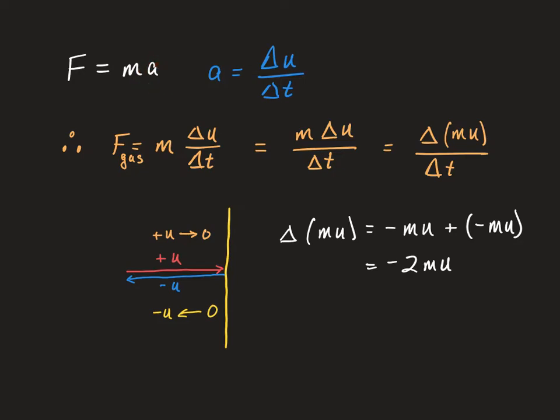and we get this. So the force of the gas, right, on the walls of the container is equal to the mass of one gas molecule times the speed of that gas molecule divided by the change in time. The change in speed with the change in time. Okay? And so, multiplying mass can move into the numerator, right?